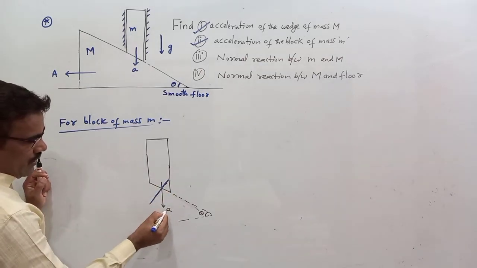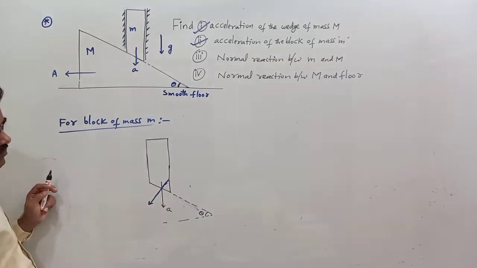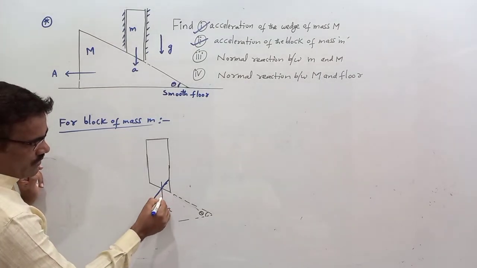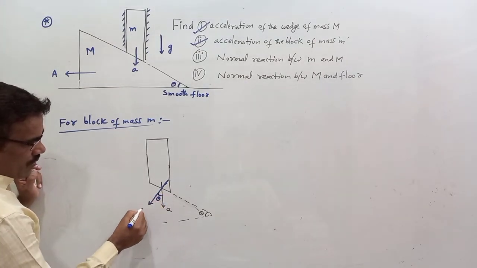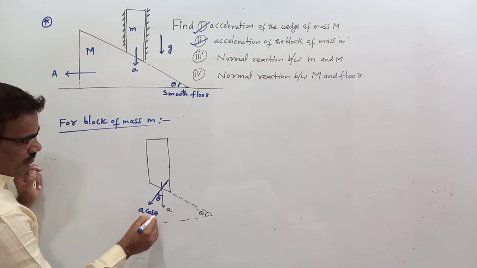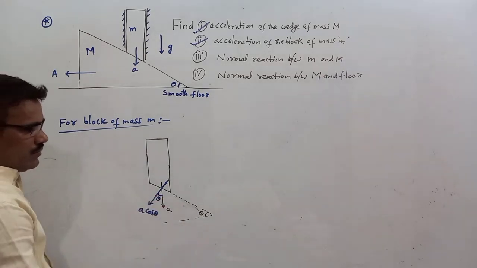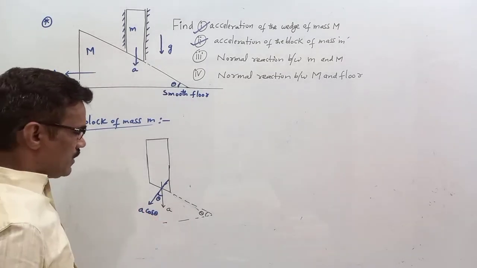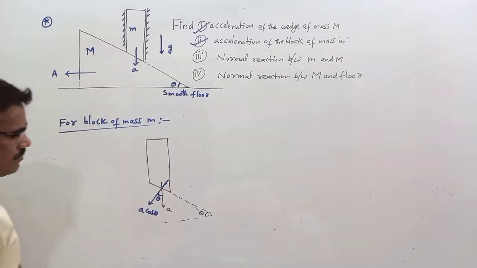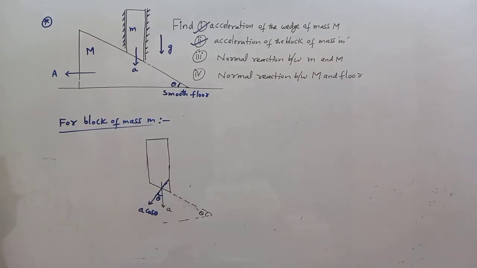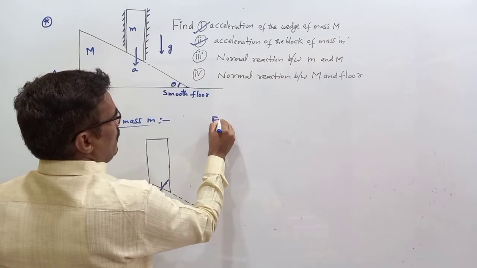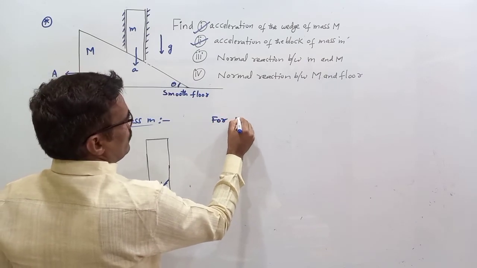So I want the component of small a along this side. We know that this is 90 minus theta, this is theta. What about here? a cos theta is the component along this side, so no use for a sin theta, since that is parallel to the inclined plane. Here we need the perpendicular to the inclined plane. So next, for the wedge.